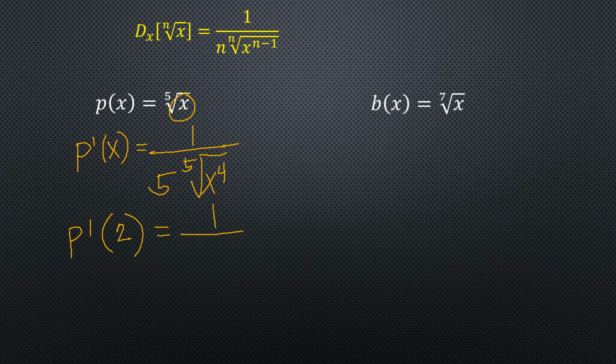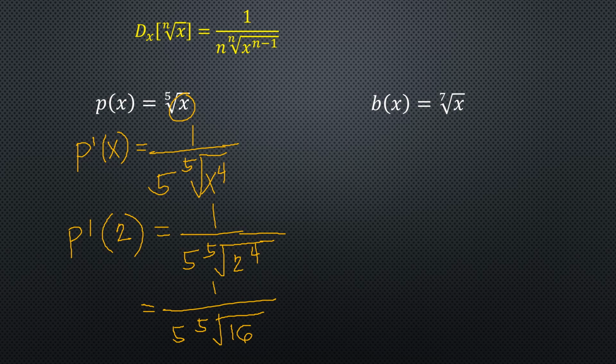So you have 1/5 fifth root of 2 raised to 4. So your answer is 1/5 fifth root of 16. So the next is b of x is equal to 7th root of x. So b prime of x is simply 1/7 7th root of x raised to 6.